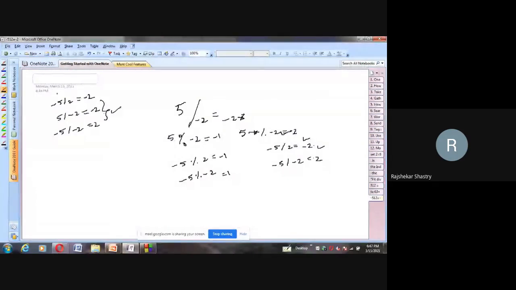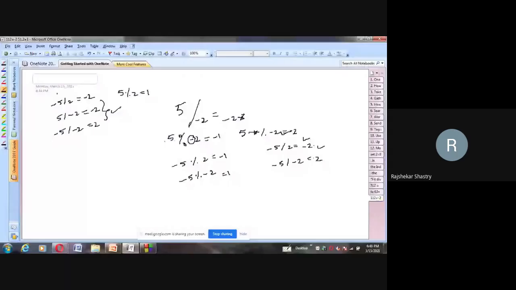But when it comes to the modular operator, we know that when we apply it on two positive integers, it gives a pure remainder. The remainder is 1. But in the other cases, if the numerator is negative, irrespective of the sign of the denominator, the denominator sign does not matter. It only checks whether the numerator is positive or not.